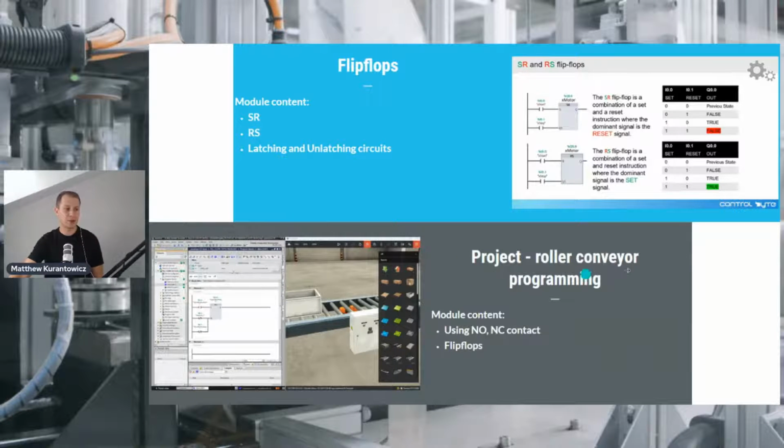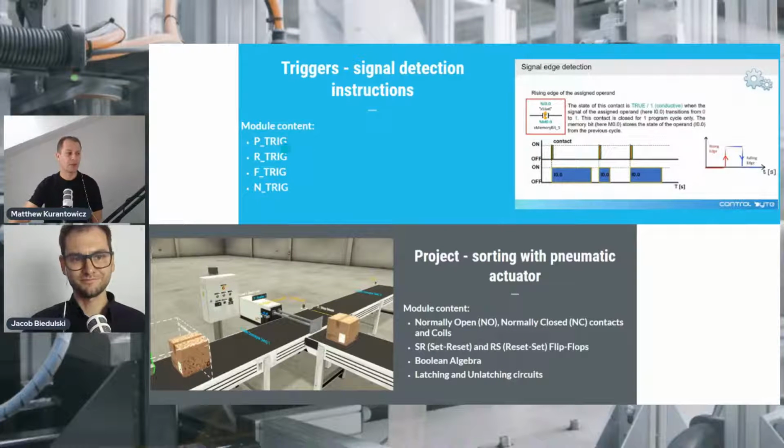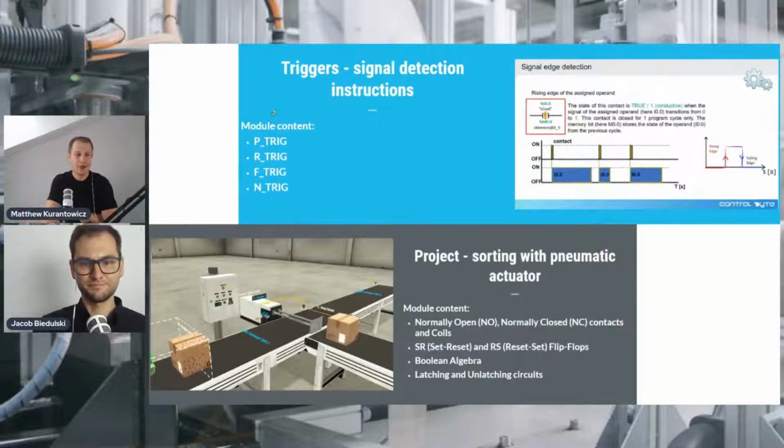For example, projects with roller conveyors, where you will use only basic logic based on normally open, normally closed contacts, and flip-flops. And next we have triggers. In today's live stream, we explained how to use triggers in different programming situations.